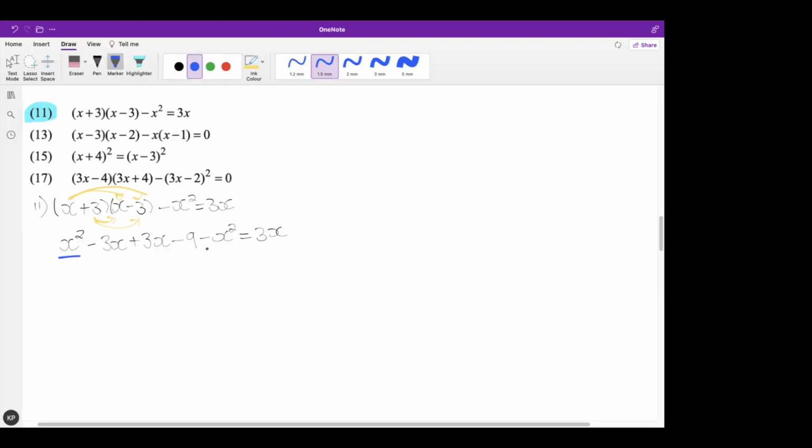I have an x squared minus x squared. What happens to those? They're gone. It's 0. Nice, Alice. And a negative 3x plus 3x. What happens to those? They're also gone. So I'm just left with negative 9 is equal to 3x. Then I'm going to divide both sides by 3 so that these two can cancel out. And what is negative 9 divided by positive 3? Nice. x is equal to negative 3. Great.